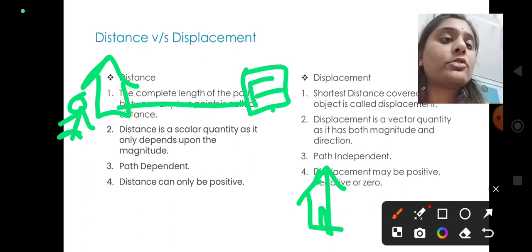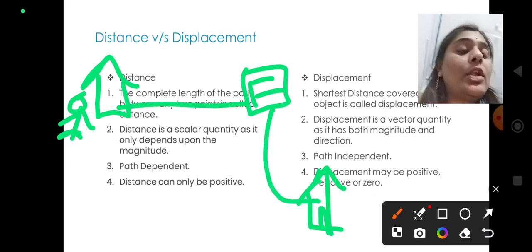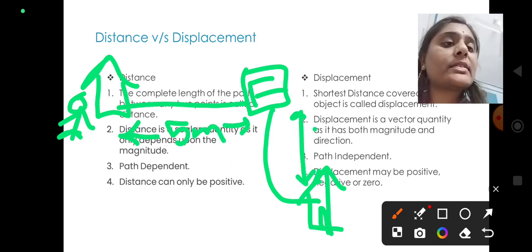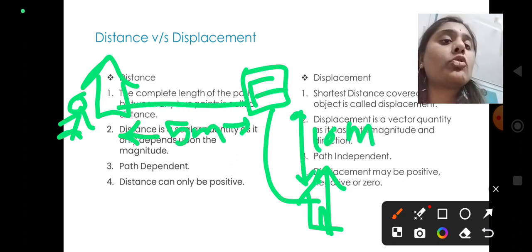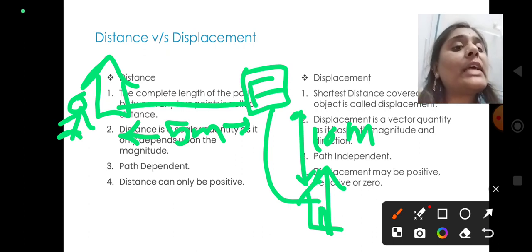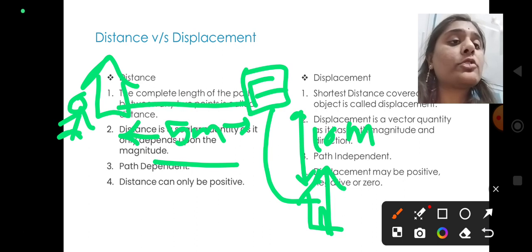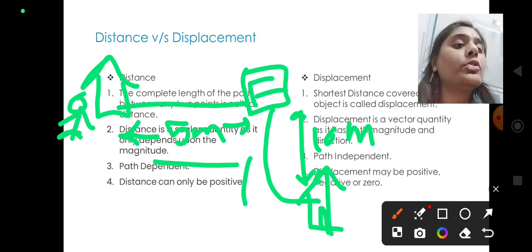He went to his friend's home and then he went to school. So whatever distance covered, suppose this is 5 meter distance and this is 10 meter distance, right? Total distance covered by the person is 15 meter, because from home to friend's home and from friend's home to school, that is 5 meter plus 10 meter, that is 15 meter.